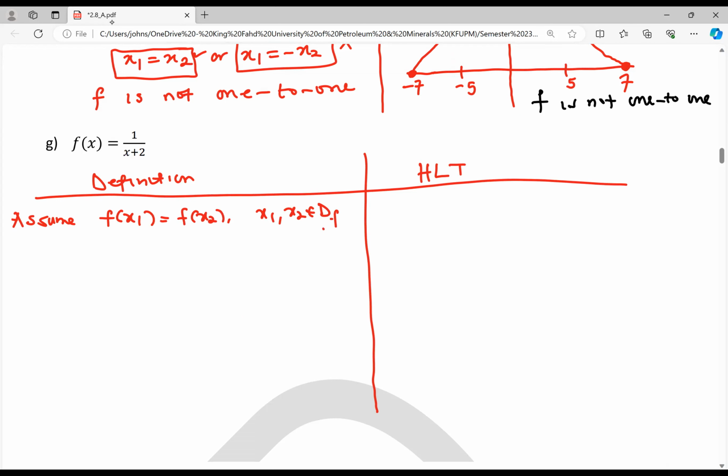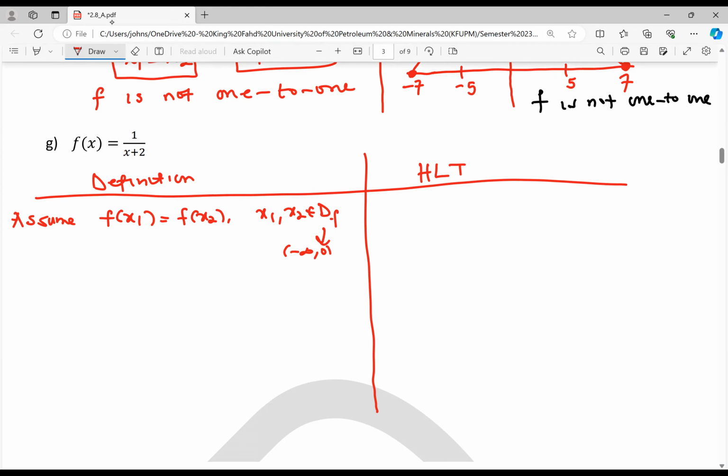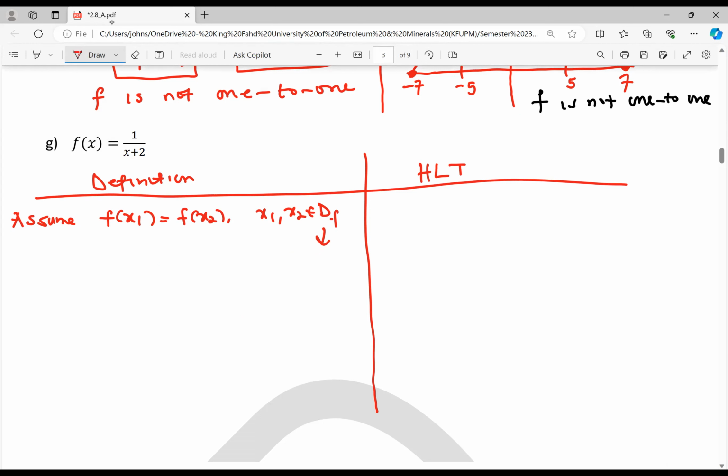But what is the domain of f in this case? You can see it's just the whole of R, except minus 2. So it is R minus {2}.